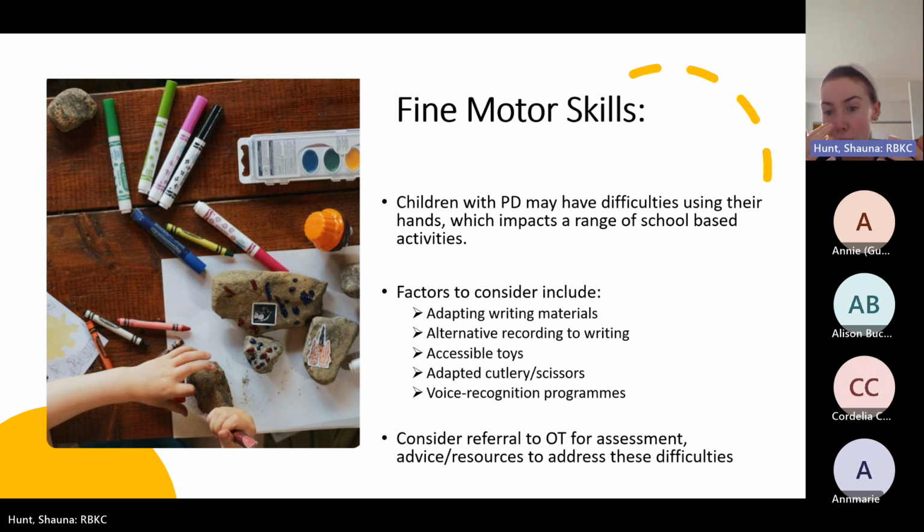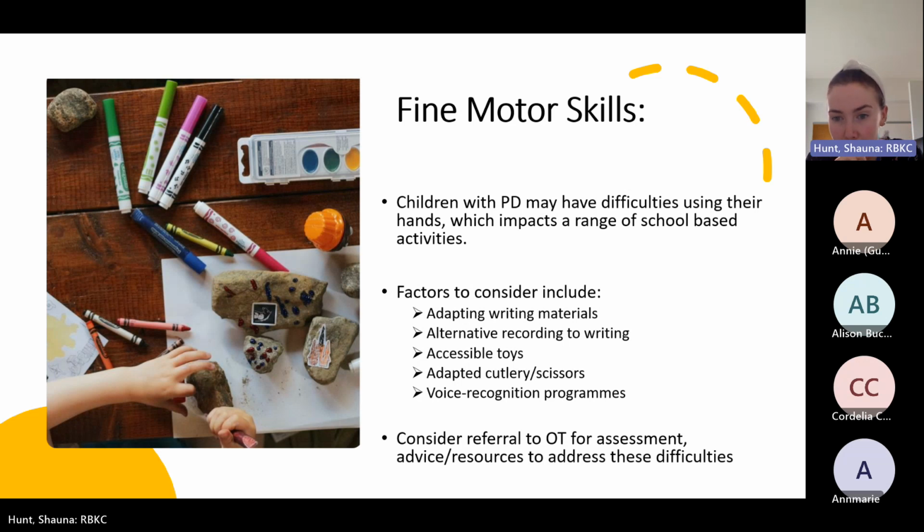As a result, that can affect their handwriting, and it can affect their pencil grip as well. So we would recommend things like adapted writing materials, such as a slope board. I don't know if you've ever seen that. That can help the pressure on the pencil, and it can help your wrist placement for handwriting. It can also help children's posture as well.